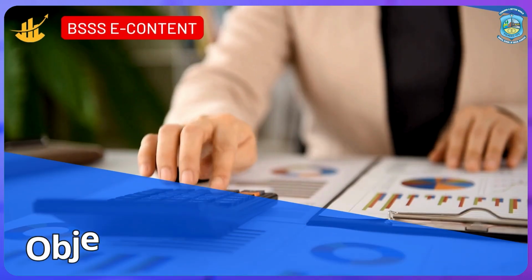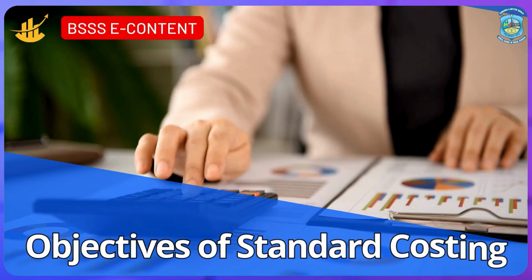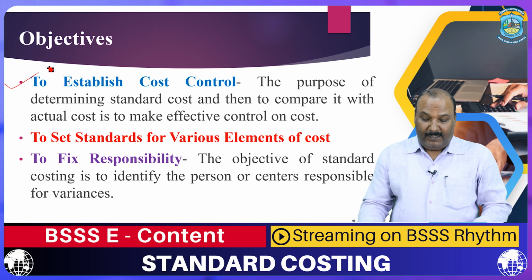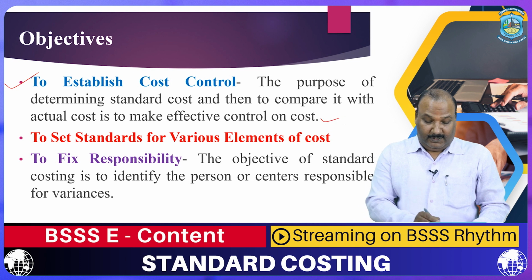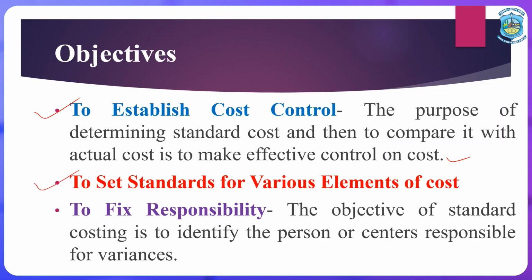If we talk about the objectives of standard costing, number one, to establish cost control. The purpose is determining standard cost and then comparing with actual cost to make effective control on cost. Second is to set standards for various elements of cost. Next is to fix responsibility.